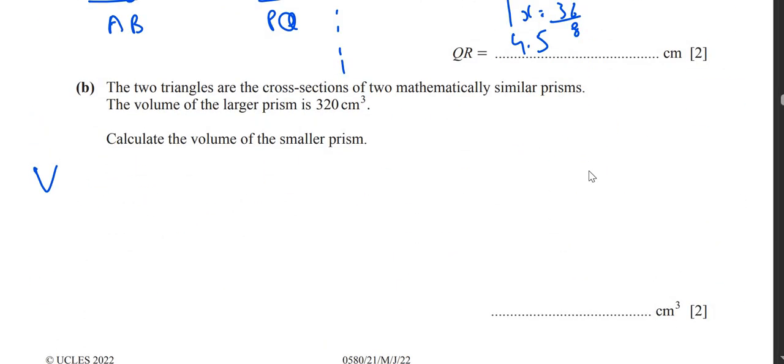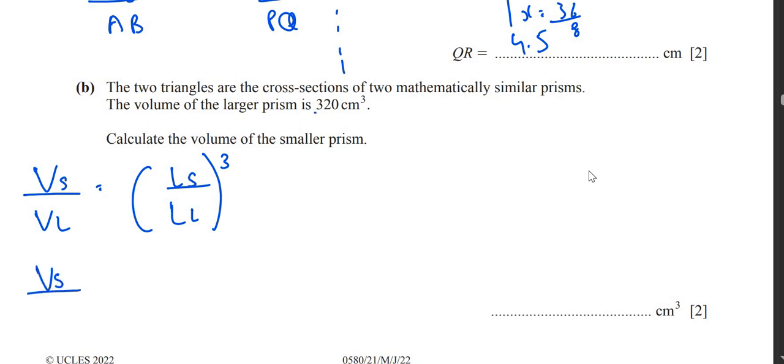So you will say volume of smaller shape upon volume of larger shape is equal to length of smaller shape divided by length of larger shape whole cube. Because it's volume, we will always cube it. So volume of larger shape is 320, length of small shape is 6, length of large shape is 8.